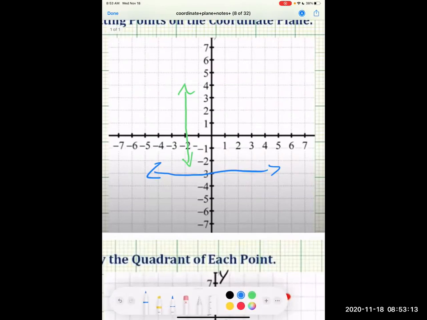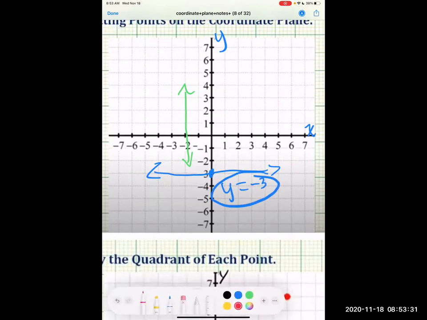The blue line has zero slope, so we're going to state where it crosses on the y-axis. If you don't remember your axes, the straight up and down one is y, and the side to side is x, which is another reason why we call it y equals -3. That's the point it crosses. Then for the straight up and down line, we would have x equals -2 because we hit -2 on the x-axis.